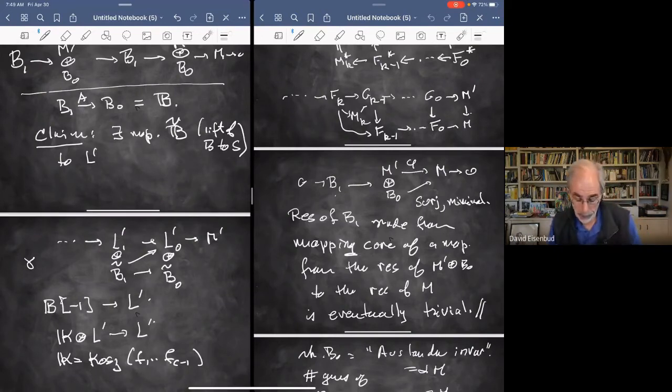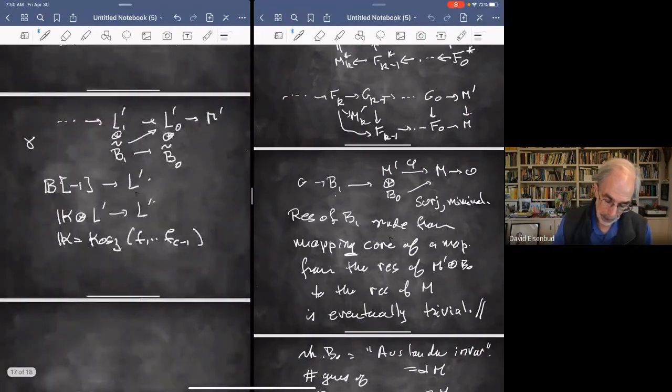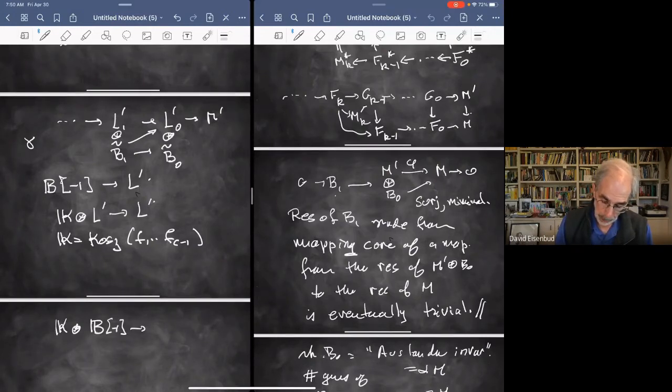The Koszul complex is a resolution, because I assumed that the F's were a regular sequence of R prime, and L prime is a resolution of M prime by hypothesis. So when I tensor them together, I get at least a complex covering R prime tensor M prime, which is just M prime, because M prime is an R prime module. So this is a complex covering M prime. And now I can take K, tensor B of -1 to L prime.